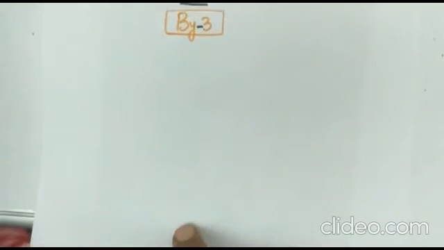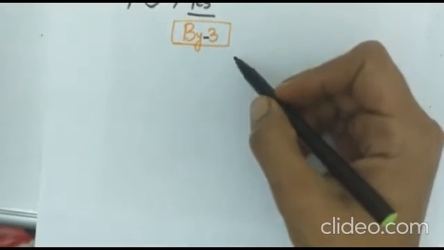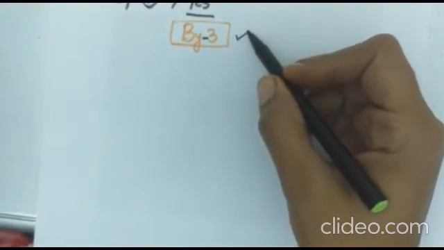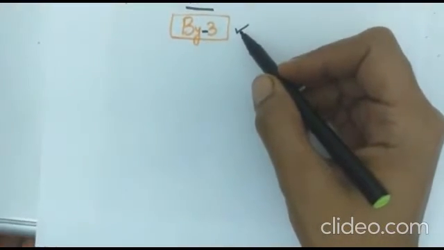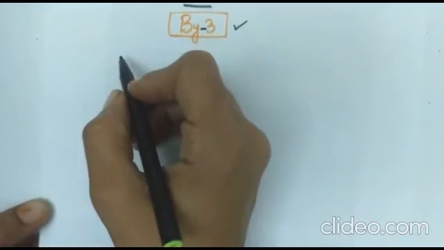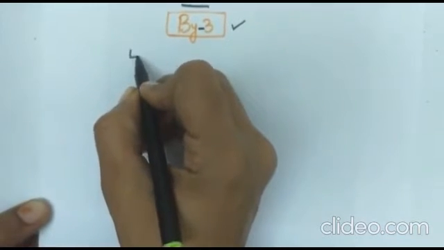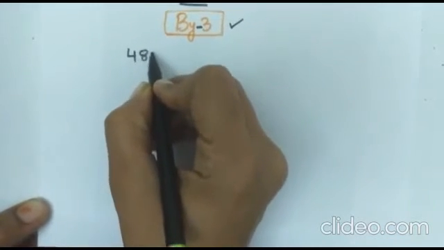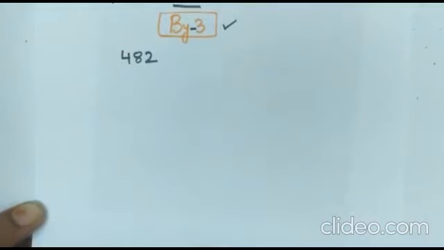Now, next, how can we check a number is divisible by 3 or not? Let us take an example. 482, and we have to tell whether this number is divisible by 3 or not.